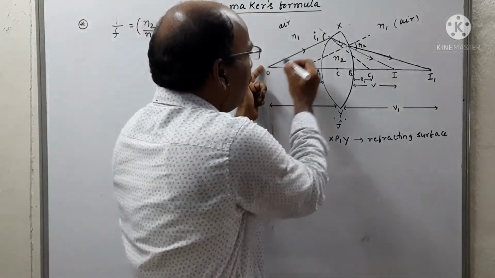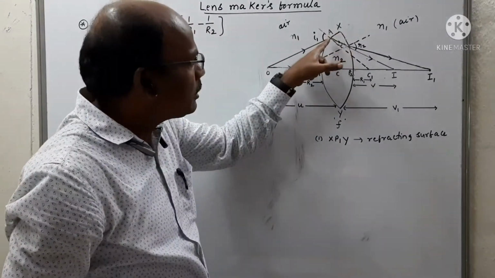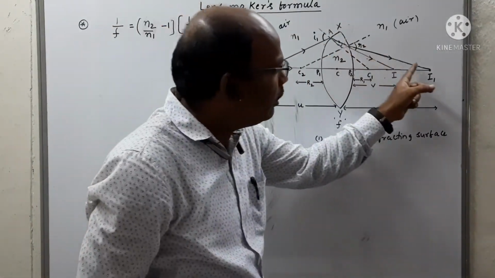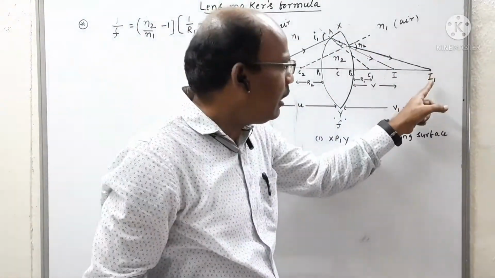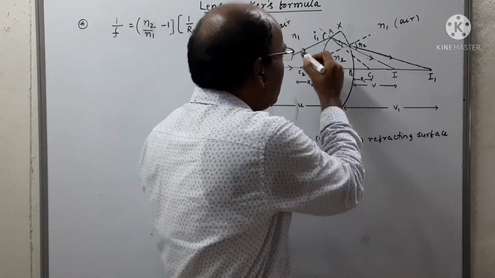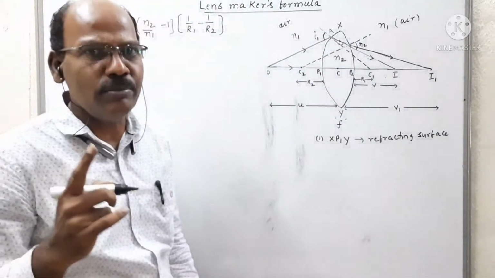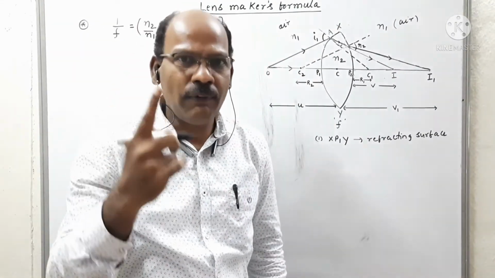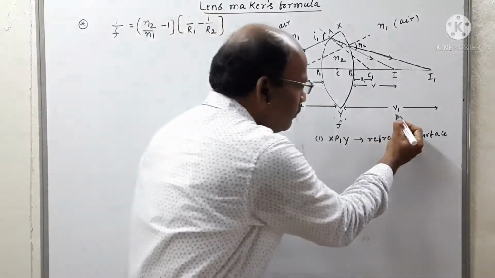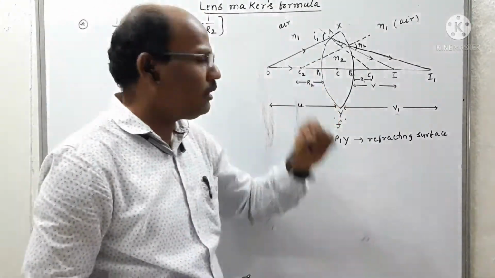OA is another ray which strikes on the first refracting surface and gets refracted and forms the image I1 due to the intersection of the two rays, the normal incidence and the refracted ray AI1. So I1 is the image formed by the first refracting surface XP1Y at a distance which is equal to, let us say, V1. So this is the first case.